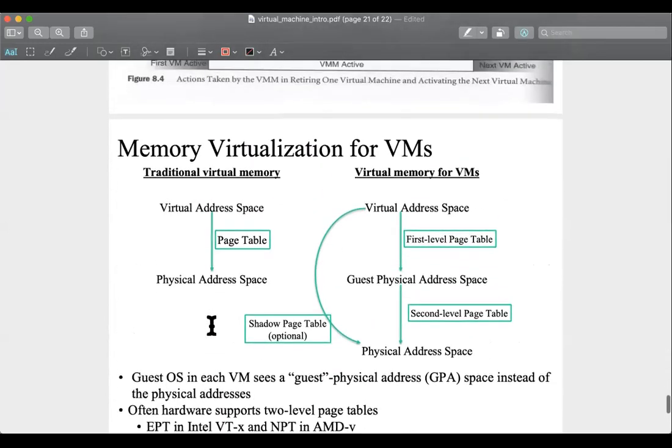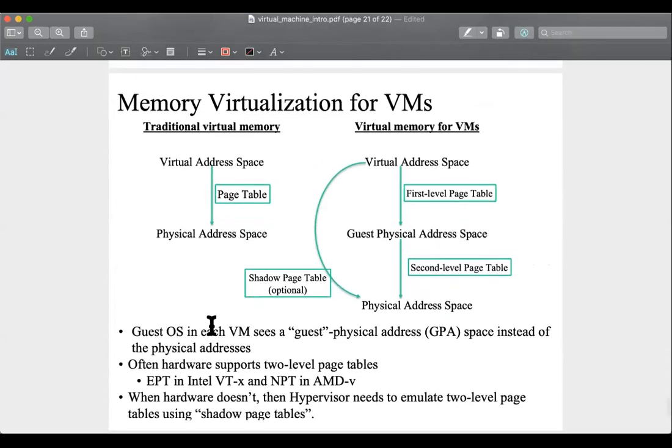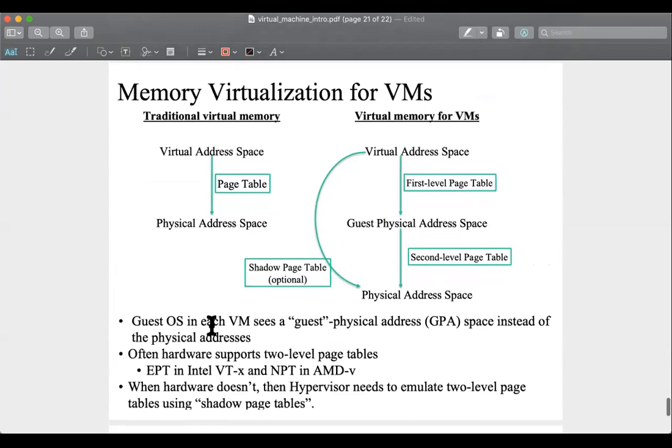So next we will look at memory. We looked at CPU virtualization, and now the other major resource is memory. In virtual memory that we covered earlier, we talked about the notion of a virtual address space and how page tables are used to convert the virtual address of a process to a physical address, right? So this is traditional virtual memory shown in this picture.